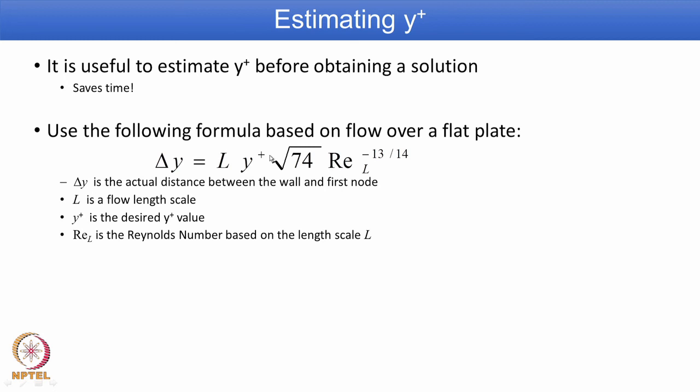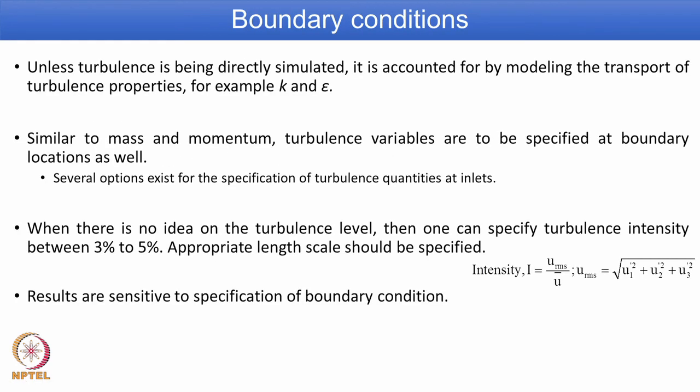For example, if you want the first y plus value as 5, then using this expression you can get delta y, and delta y is the distance from the wall of the first node.